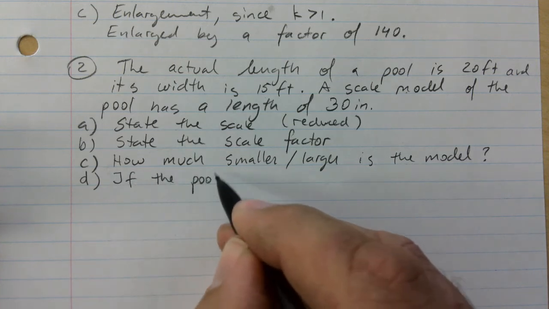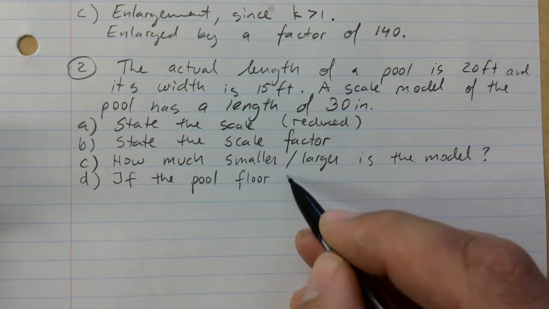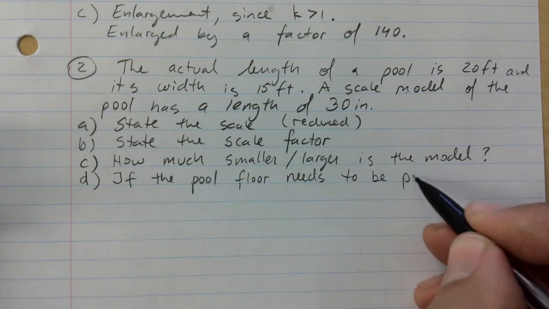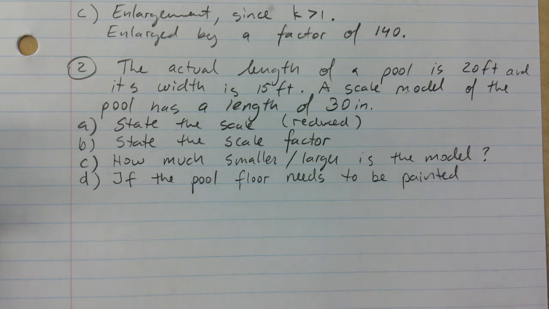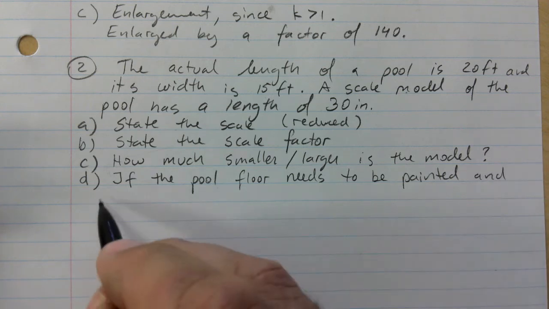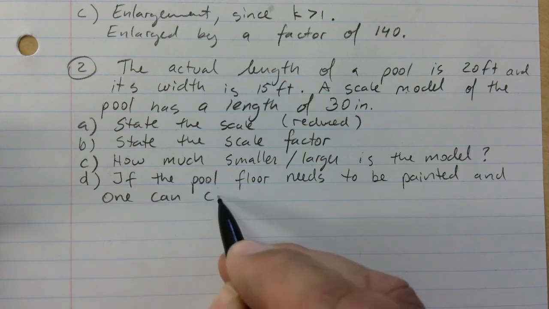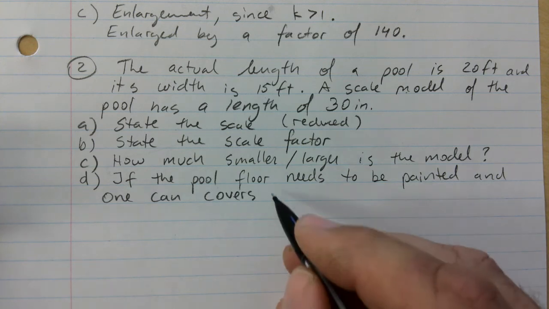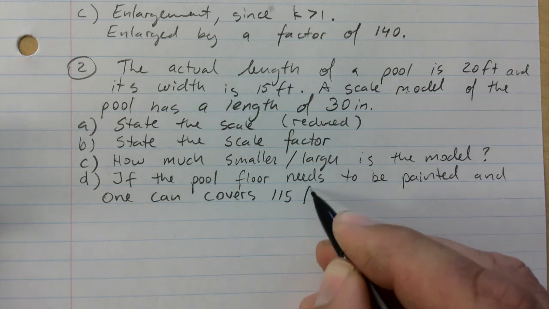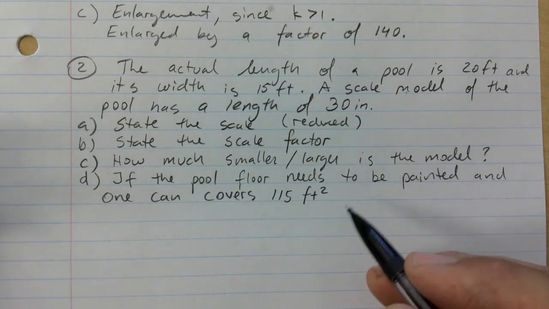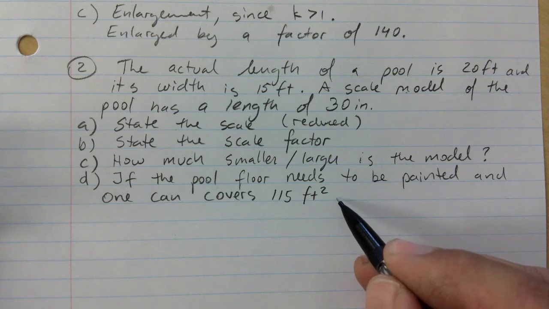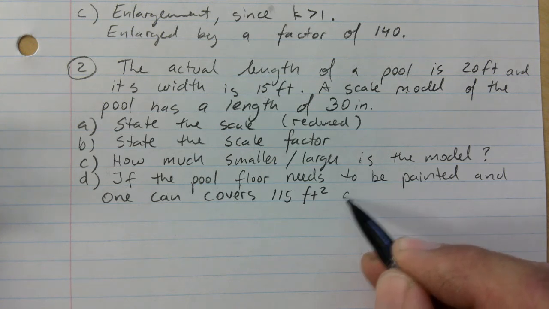If the pool floor needs to be painted, and 1 can covers 115 square feet and costs $75, calculate the cost of paint.